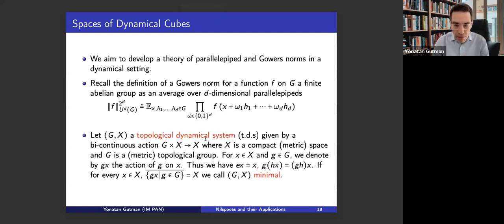Now let (G, X) be a topological dynamical system. So it's given by a continuous action, where X is a compact metric space and G is a topological group.